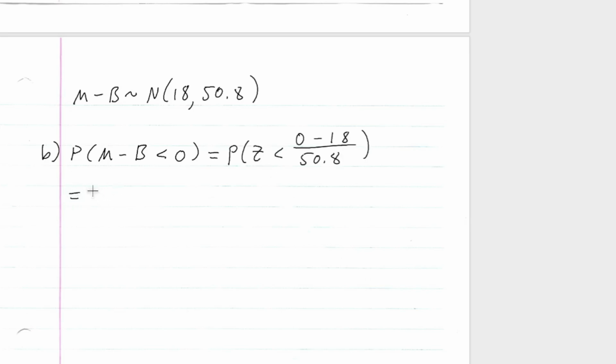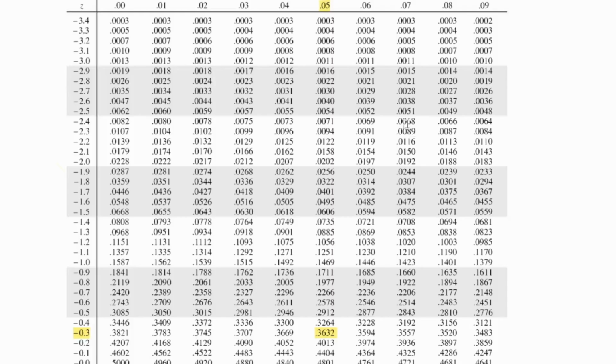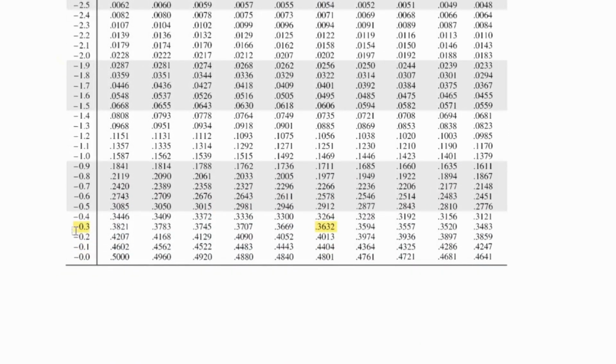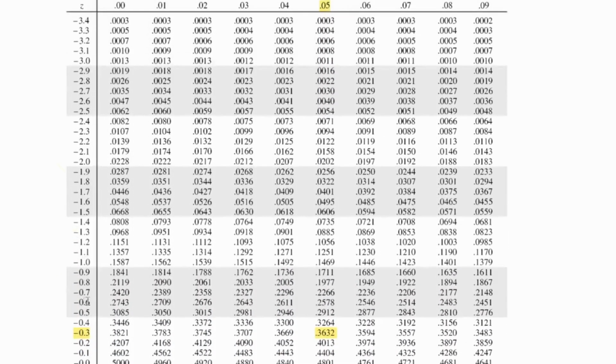And if we do this calculation, that'll be the probability that Z is less than negative 0.35. And let's go ahead and go into our table. So here's our table. We have negative 0.35, which gives us 0.3632.